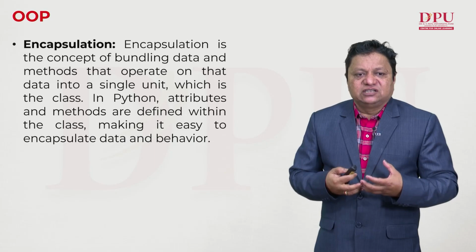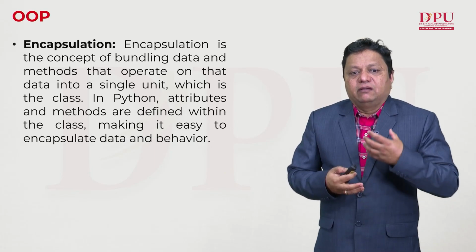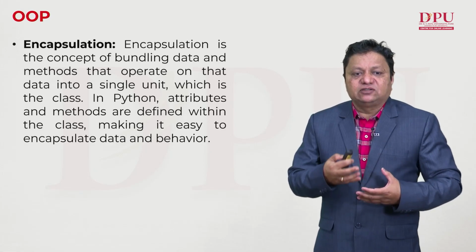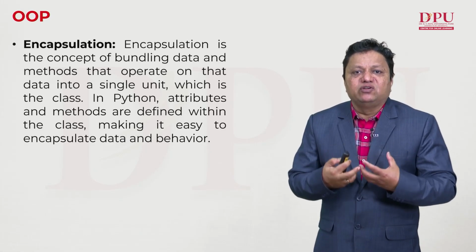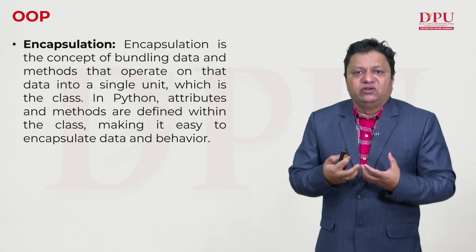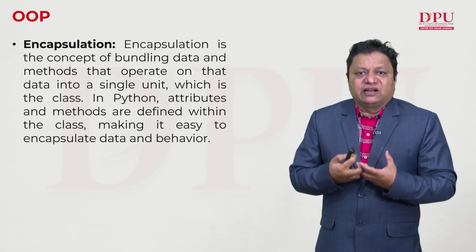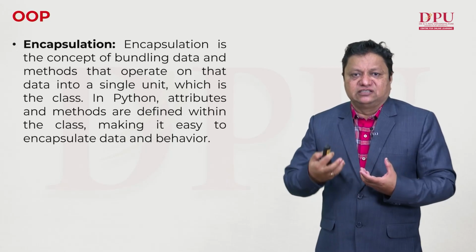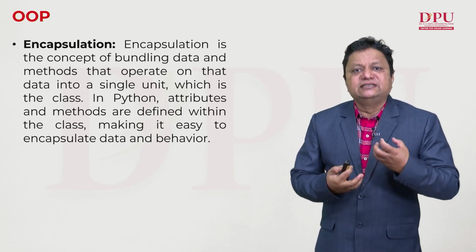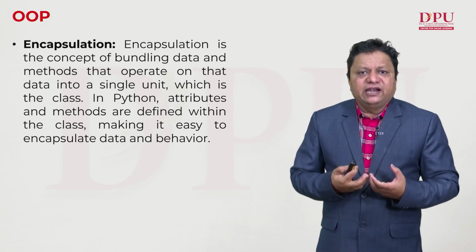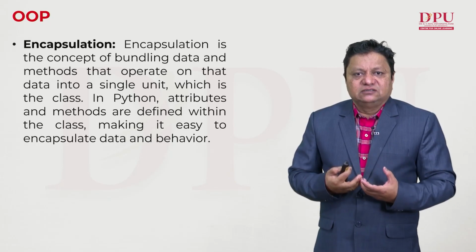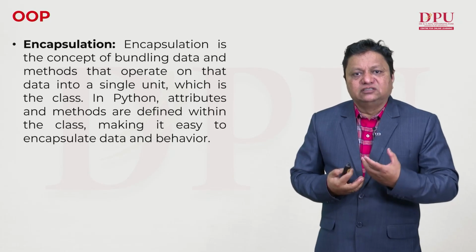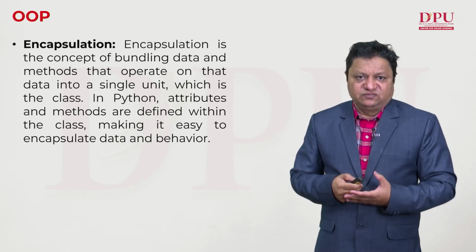So encapsulation is the concept of bundling the data and its methods into a single unit. The object is a single unit, containing the data plus its functions together. So when you create the object of a class, you are achieving the concept of encapsulation.